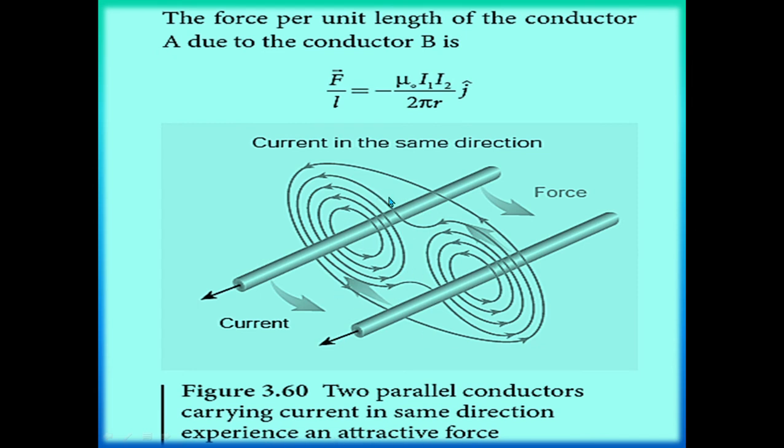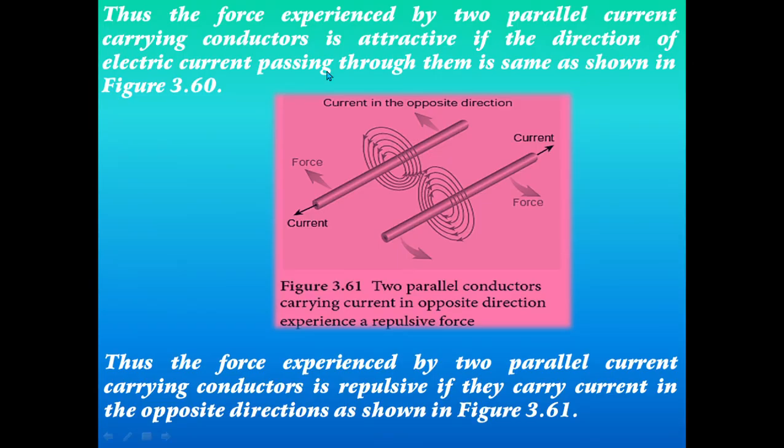Please note it down, children. The force experienced by two parallel current carrying conductors is attractive. Just note it down, children, because this is a very important point for your objective type questions also.